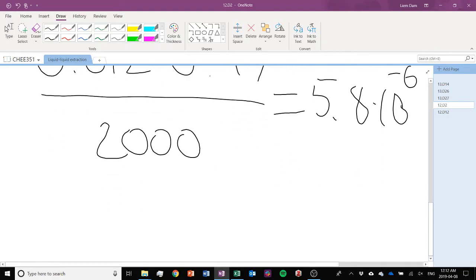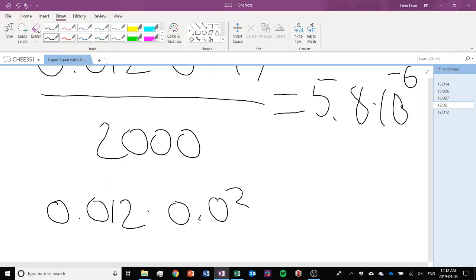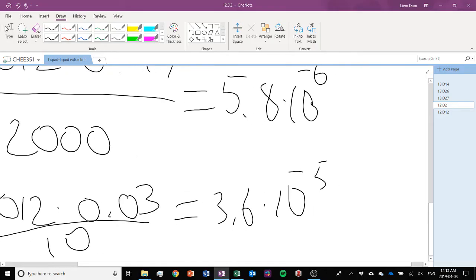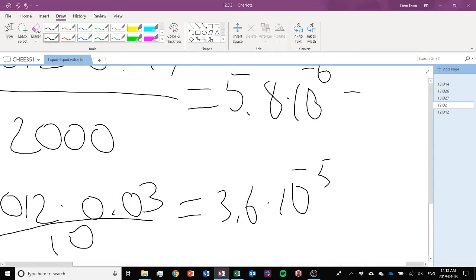Now for the gas flow, we know that it's 0.012 times 0.03, or 3%. Divide this by 10, and you get 3.6 times 10 to the minus 5. And so those are our outlet concentrations. So this is XA, and this is YA.